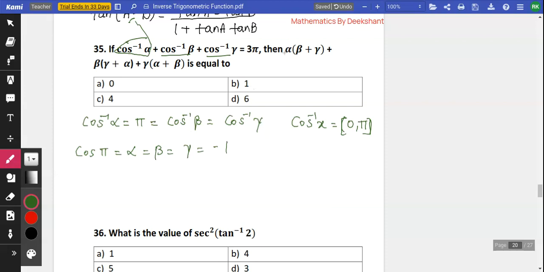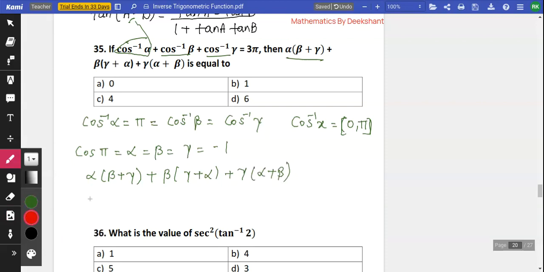Now put the value of alpha, beta, gamma in this term: alpha multiplied by beta plus gamma, plus beta multiplied by alpha plus gamma, plus gamma multiplied by alpha plus beta.